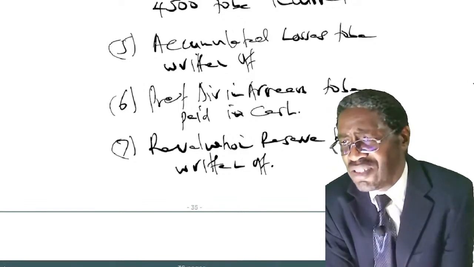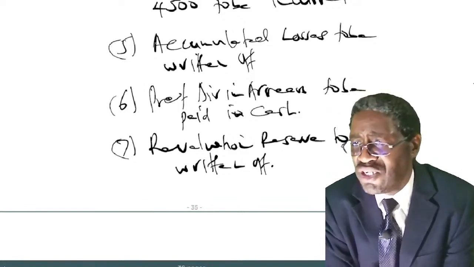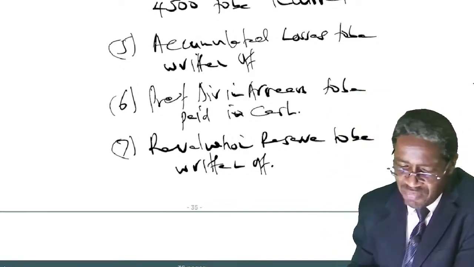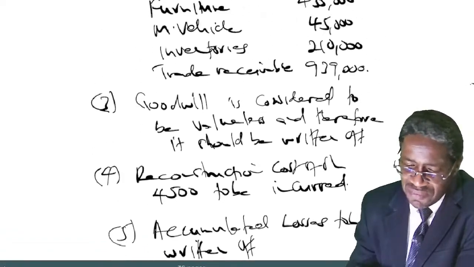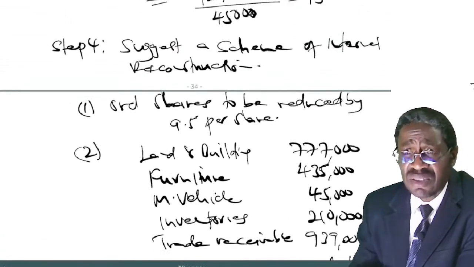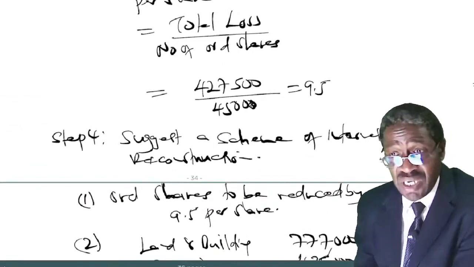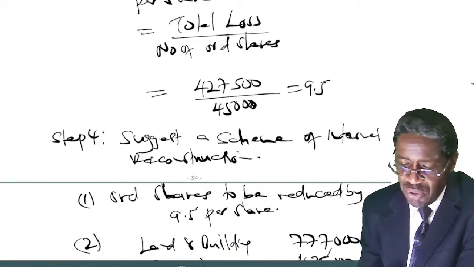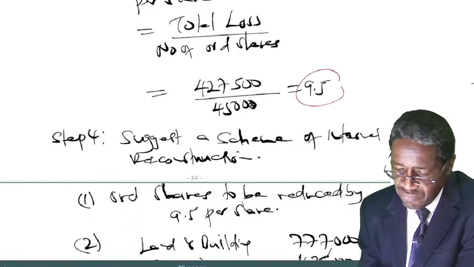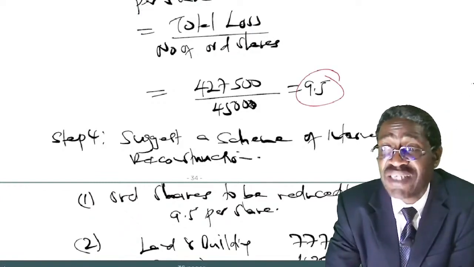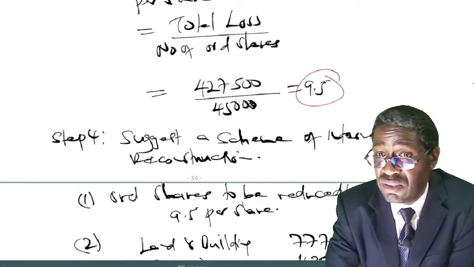Somebody's asking, is it reduced by or reduced to? Okay, listen, I think it's Joy. When we did step 3, we got the loss reduction per share to be 9.5. We saw one share has a par value of 10.